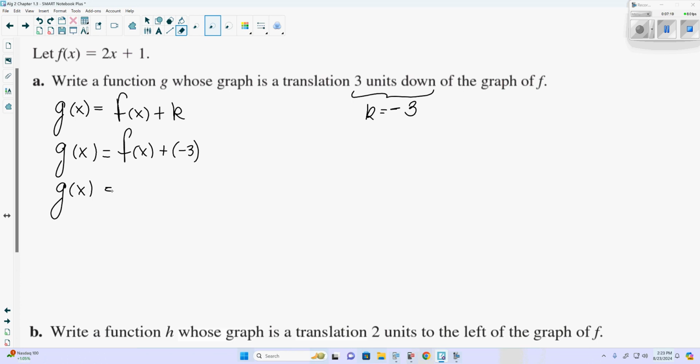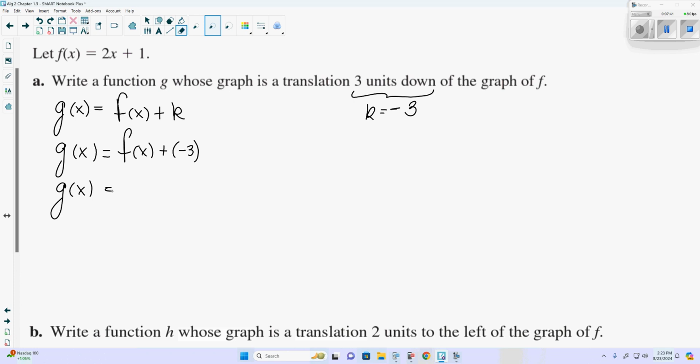Now we need to replace f of x with its function. So what is f of x? The equation 2x plus 1. Technically what we're doing is replacing every x in f of x with x. That doesn't do anything because I took the x out and put the x back in.